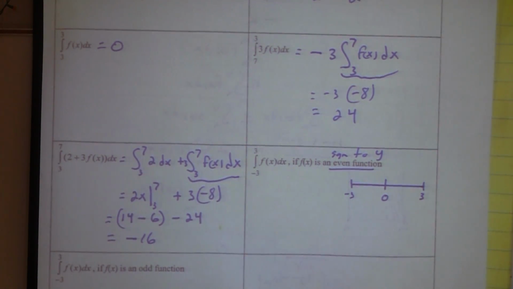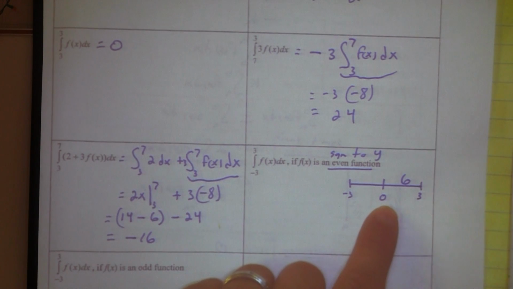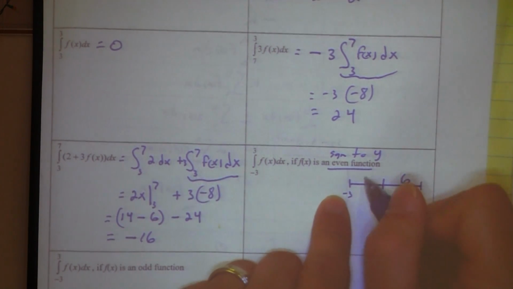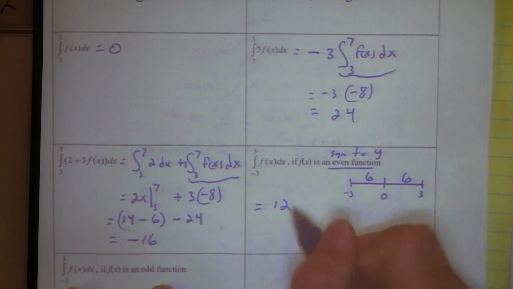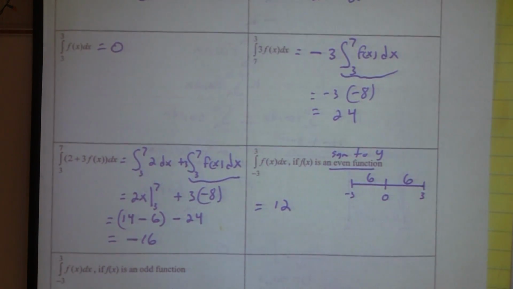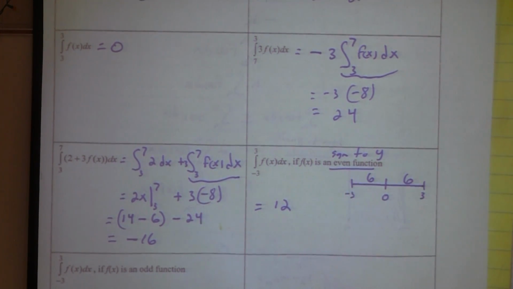Okay. What integral do we know that's given at the top? We know from 0 to 3 is what? 6. So from here to here should also be what? So my answer to this guy should be what? What? Because we wanted to go from negative 3 all the way to... You understand?